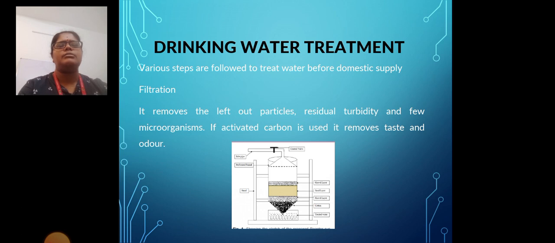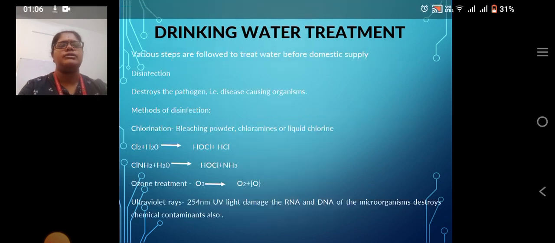Then the water is made to pass through all these, and the water that is coming out has been freed from other impurities that are present. Even a few bacteria and viruses will also be removed during this filtration process.